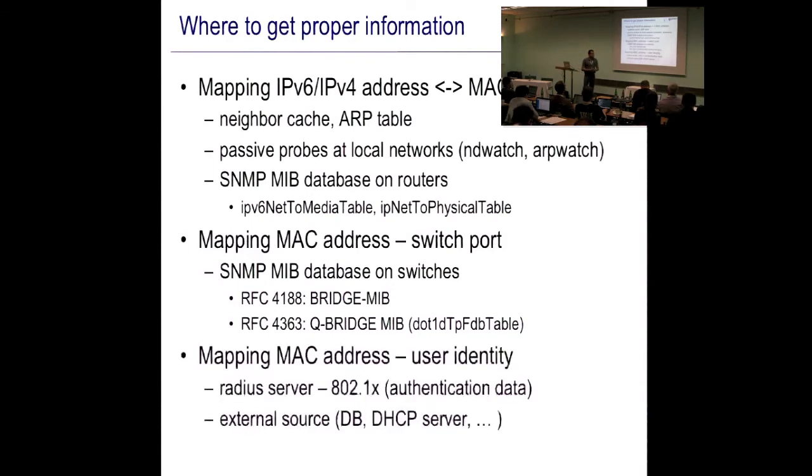Another level is the relationship between MAC address and user identification. If we use layer 2 authentication, we can get this data from a RADIUS server, or, as is typical for many networks, they use their own database where they register their users, put the MAC address and IP address into the database, so we can use an external source for this purpose.